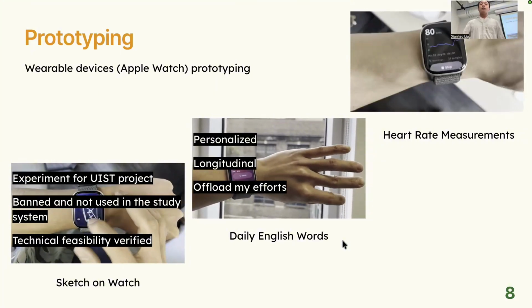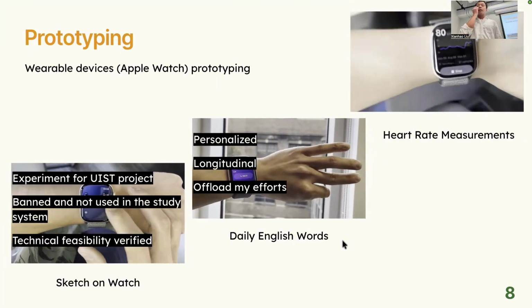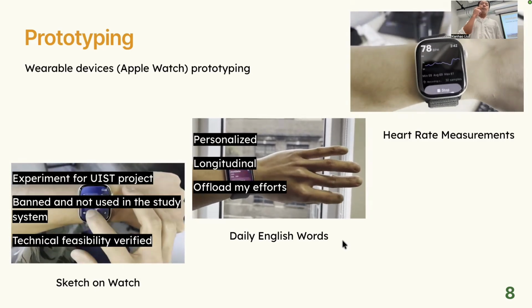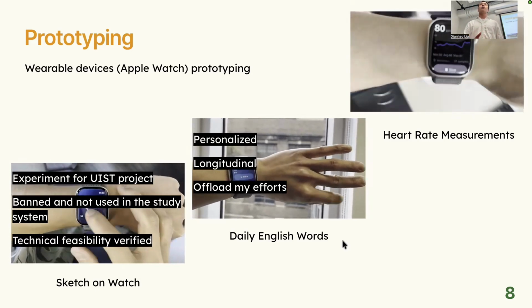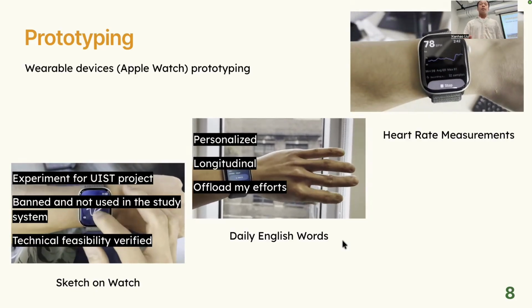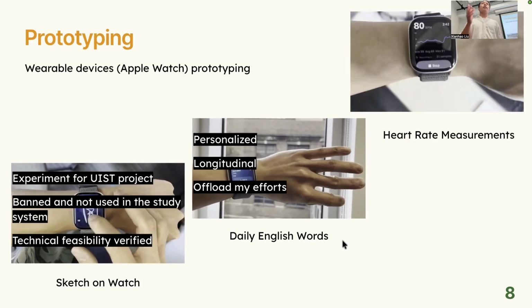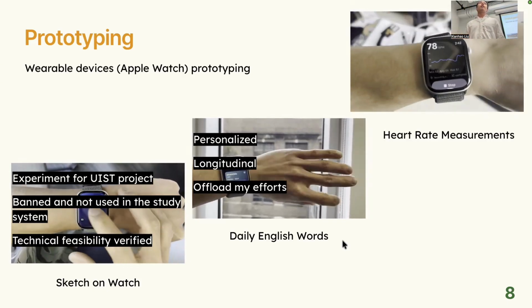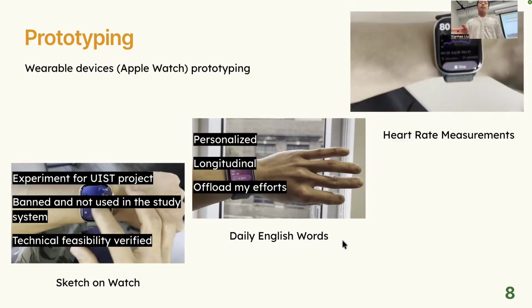The point for the second demo is that this is something I wanted to develop for quite a while. It's a personalized app, and it also serves my daily use in the long term. As a non-native English speaker, I need to keep learning English all the time.